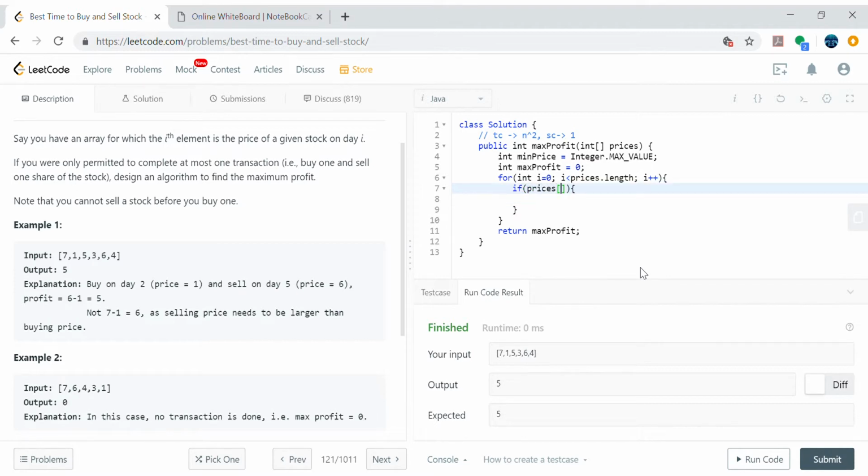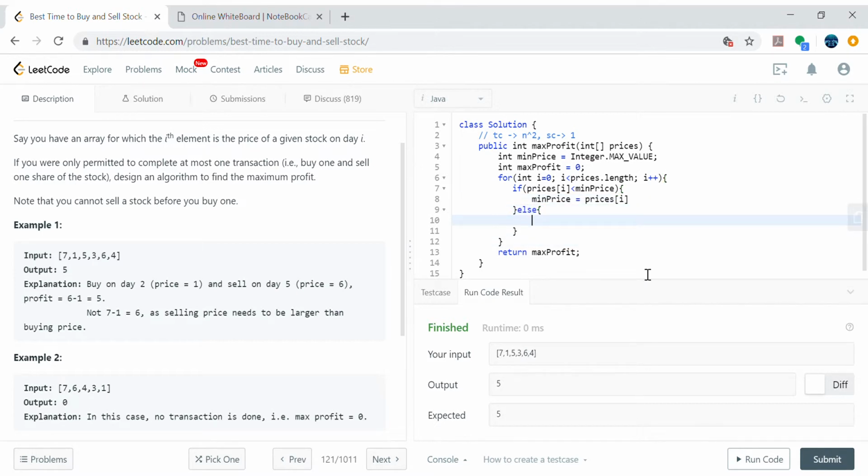So if this price at index i is less than min price, then what we are going to do, we will say min price equals price at i, right?